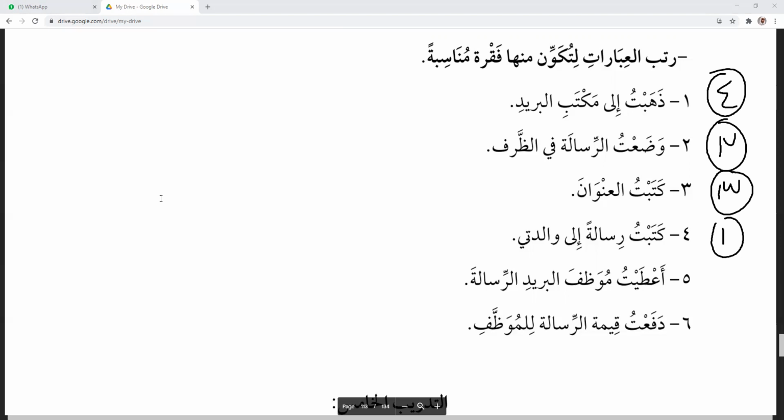أعطيت موظف البريد الرسالة. I gave the worker of the post office the letter. نعم. دفعت قيمة الرسالة للموظف, and I paid the price for the letter, not the appropriate price, just the price.